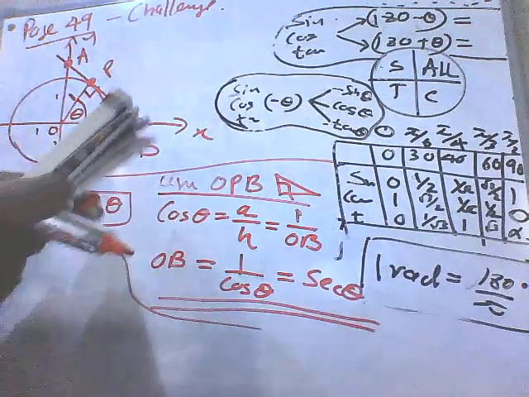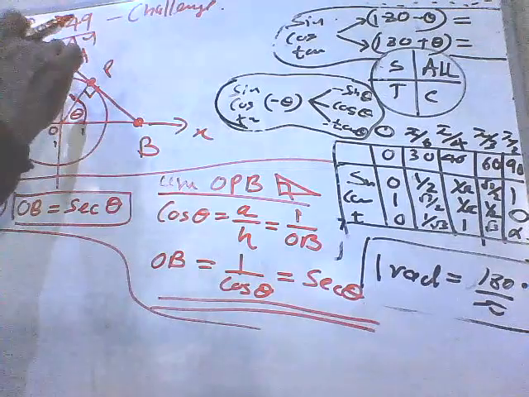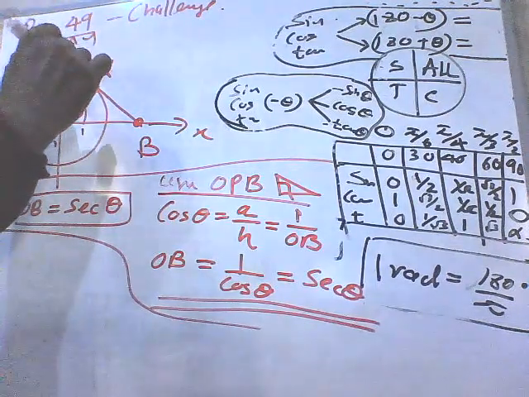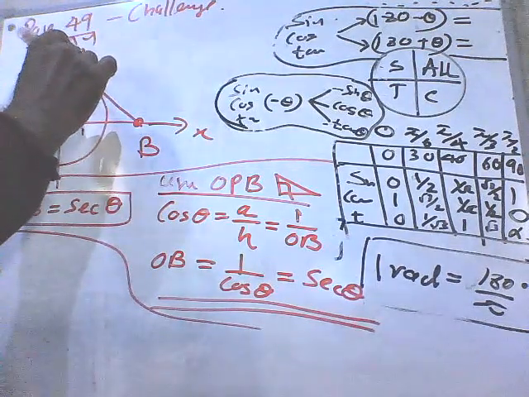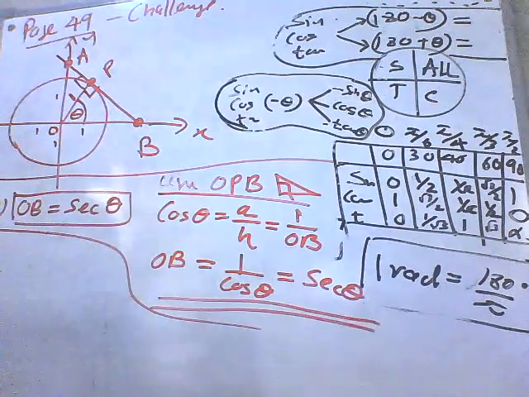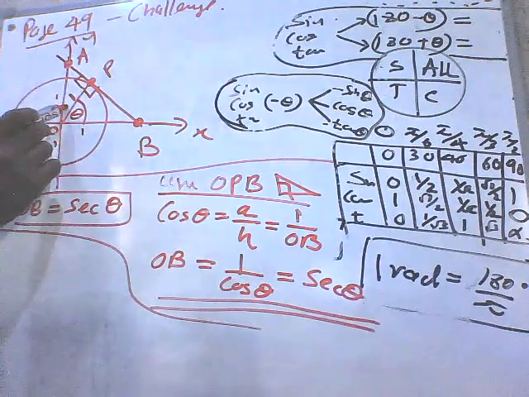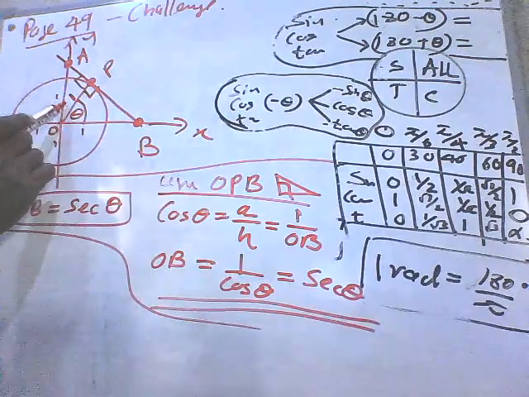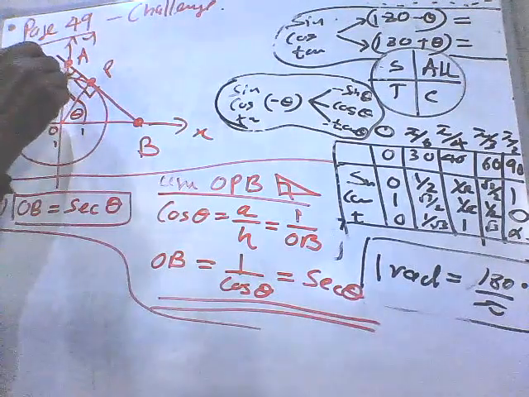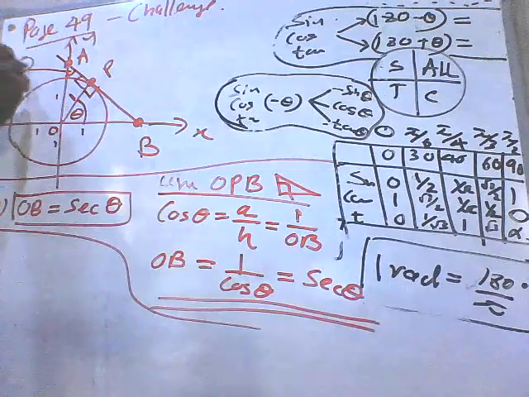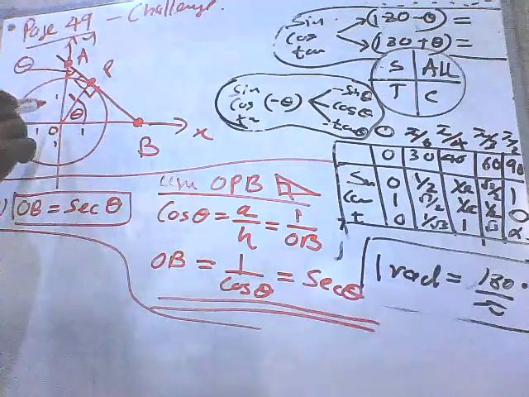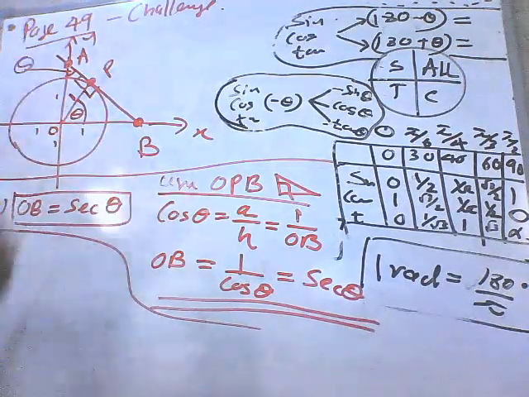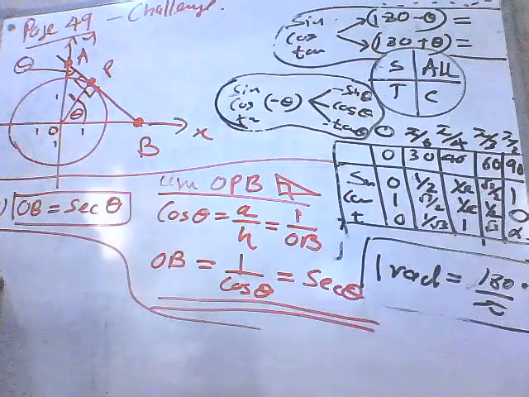Part B, they are asking OA, and here I see another 90 degrees is there, and here 90 minus theta, here 90 minus theta, and here we will have theta. So from OAP, first of all we will write what to prove.